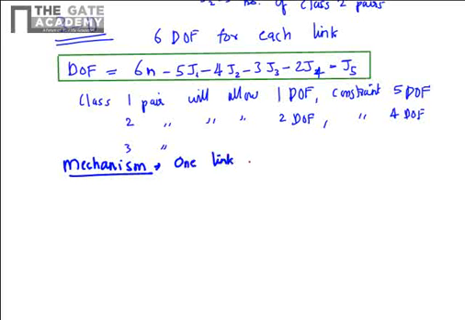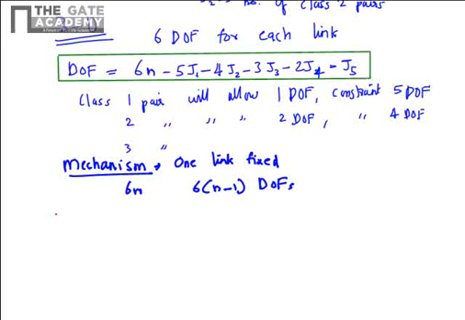That is the difference between a kinematic chain and a mechanism. So, if you have 6n degrees of freedom for n number of links in a mechanism, one link will be fixed. So, you will have 6(n minus 1) degrees of freedom.